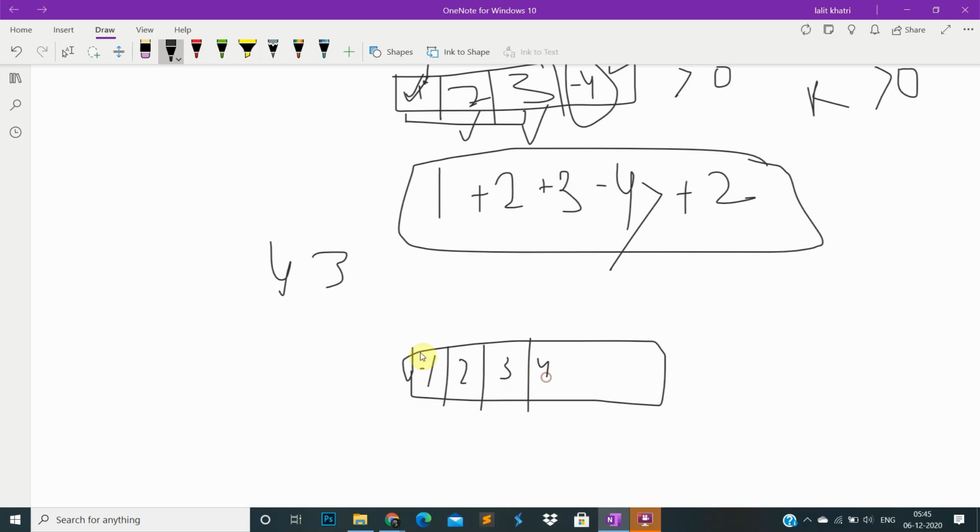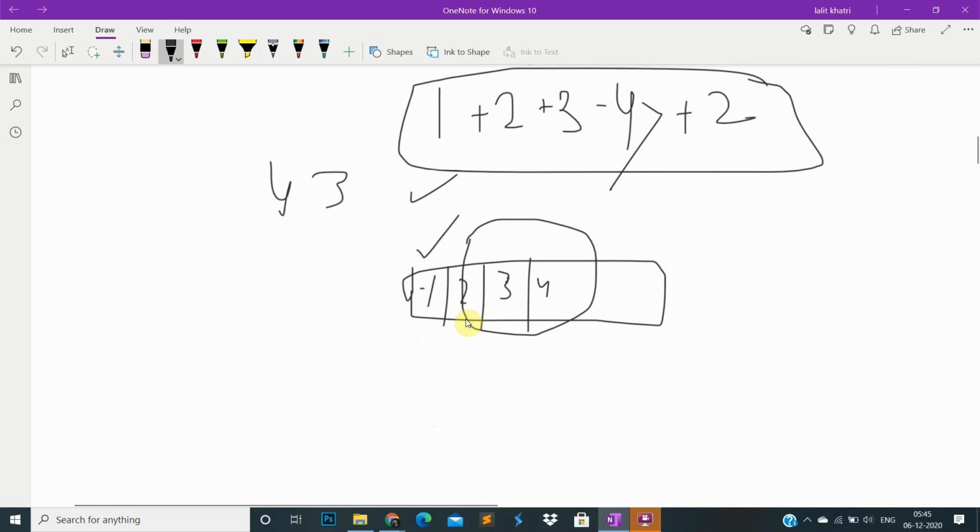This minus 1 can be affected by these values, so the prefix will be negative, and for all the rest the prefix sums will be greater than 0. You may think in this way.